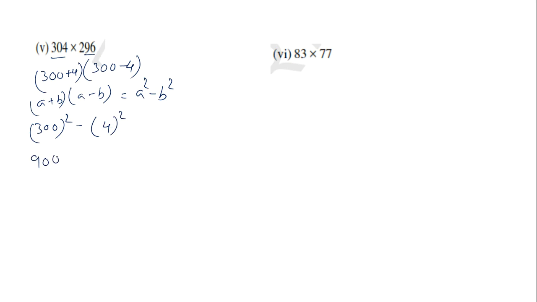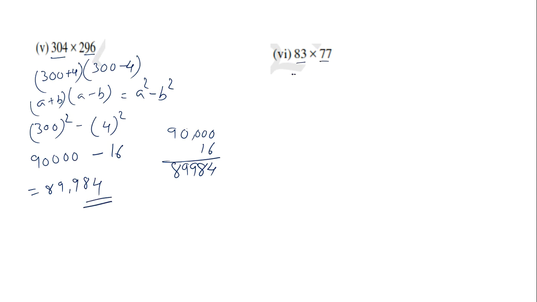Now what is a square? 300 square is 90,000 minus 16. So 90,000 minus 16 is how much? 10 minus 6, 4. 9 minus 1, 8. Now this becomes 9, this becomes 9 and this becomes 8. This is 89,984.